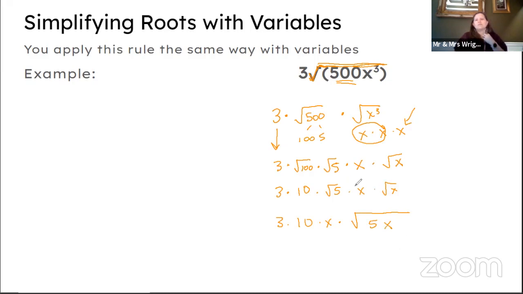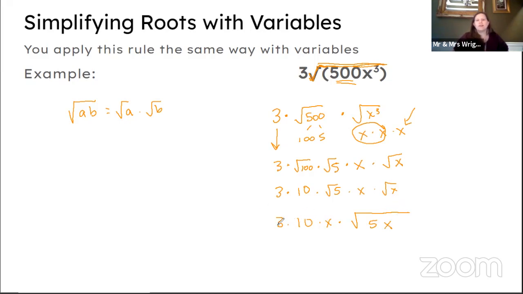Because remember, our product rule said radical AB equals radical A times radical B. And this was radical A, this was radical B. I have them separate on this row and then together on this row. So I'm following the rules when I do this.